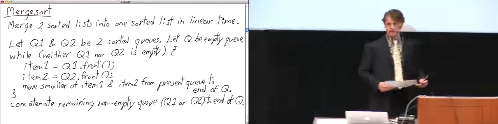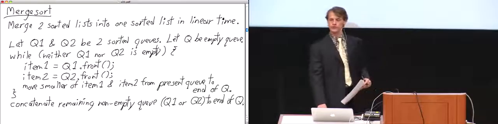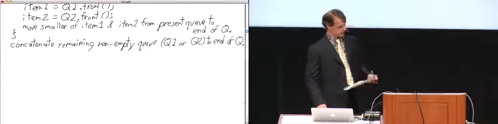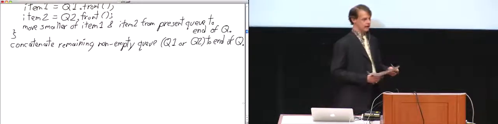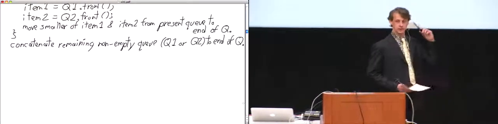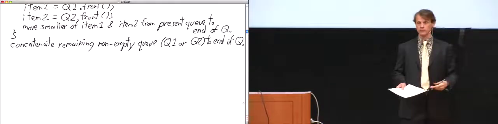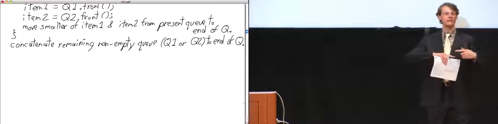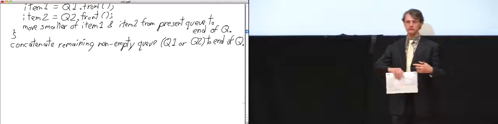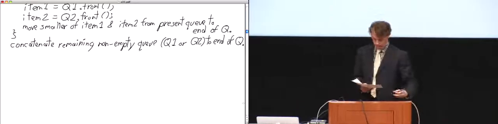And so now selection is fast enough to actually be worth using, because you can merge two queues in linear time. Once you have the ability to merge two sorted lists in linear time, then we can build a sorting algorithm out of that, using this as a subroutine.